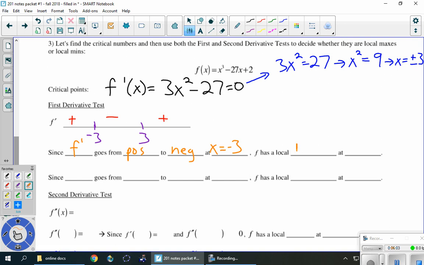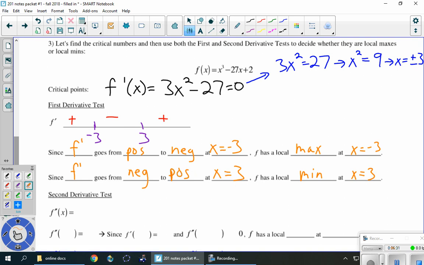F must have a local max at x equals the same -3. And then focusing our attention on x equals 3, f prime again goes from negative to the left to positive to the right at x equals 3. F must have a local min at the same x equals 3.